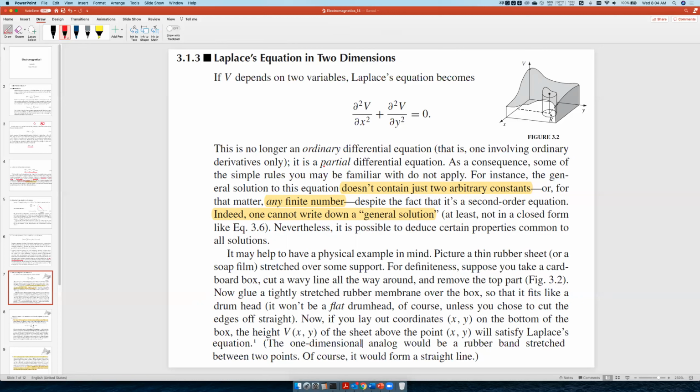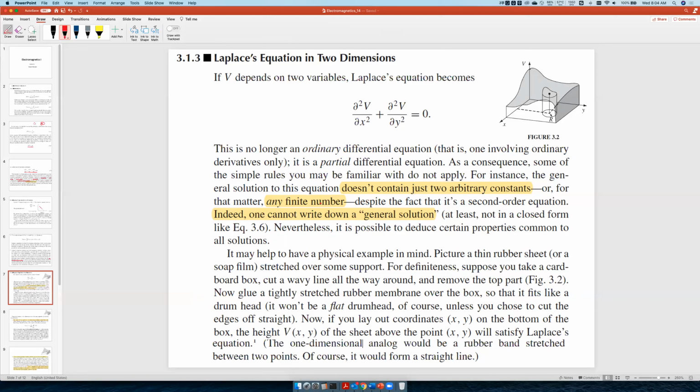As a consequence, some of the simplest rules you may be familiar with might not apply. For example, the general solution to this equation doesn't contain just two arbitrary constants or any finite number.